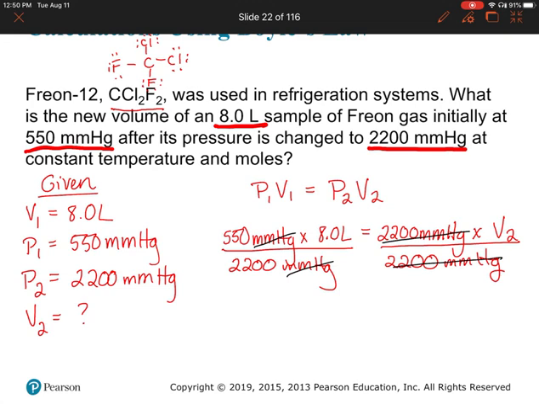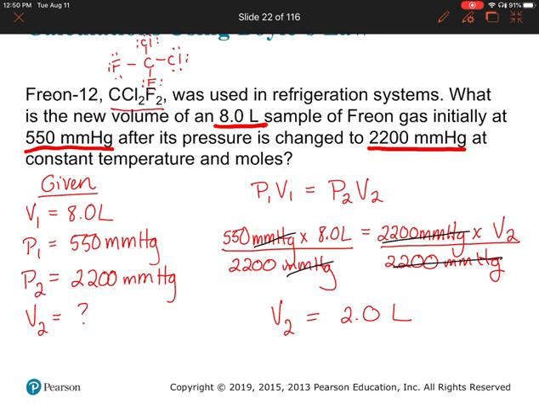All right, so let me pull out my calculator. 550 times 8 divided by 2,200. Okay, so I get a value of 2.0 liters.